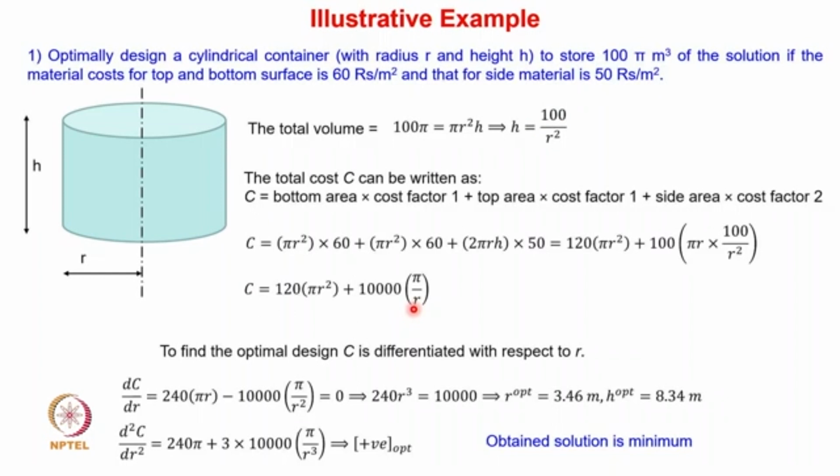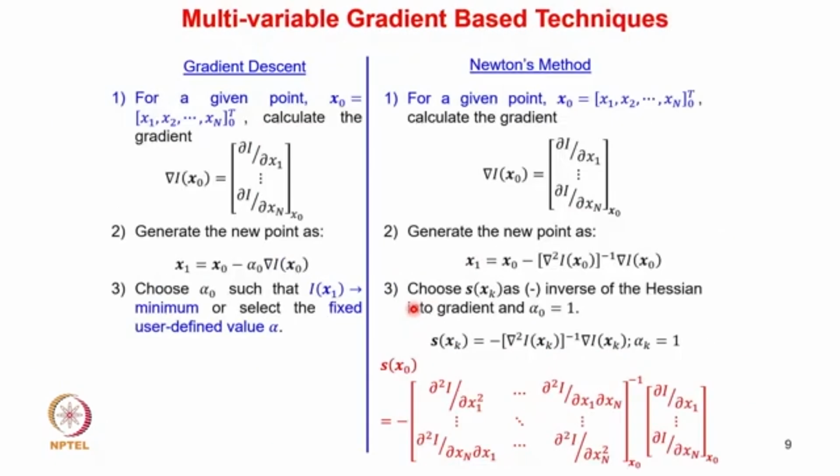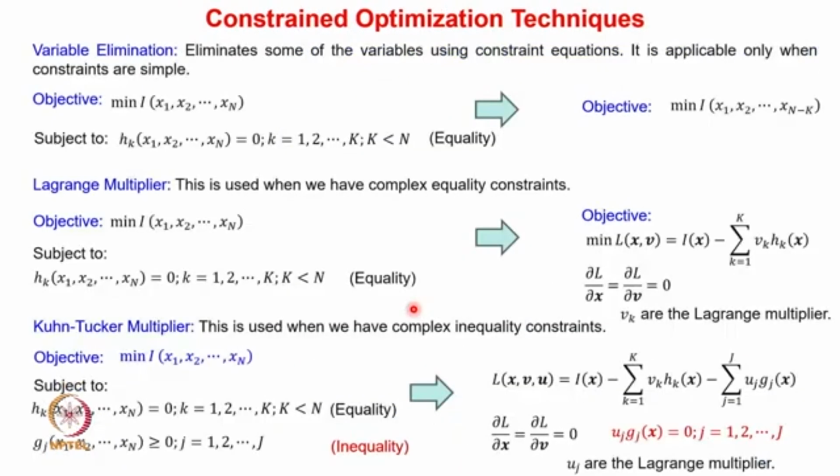So we can eliminate some of the variables using this method. This particular methodology is referred to as variable elimination, and it is applicable whenever the constraints are very simple.